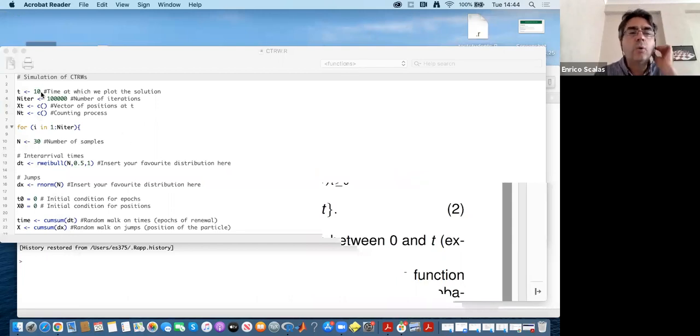Okay, so the simulation: we set a number of iterations which will give us the sample size of X(t).